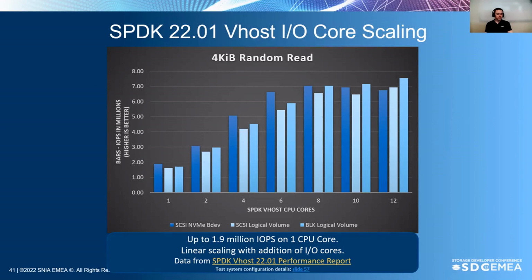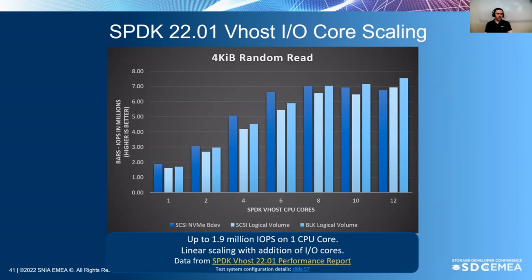Let's see some numbers now. When running core scaling tests, we check SPDK Vhost with various combinations of Vhost stacks and SPDK block device types. In this chart, we can see results for both SCSI and block Vhost stacks using NVMe and logical volume block devices with up to 36 virtual machines attached to Vhost controllers.